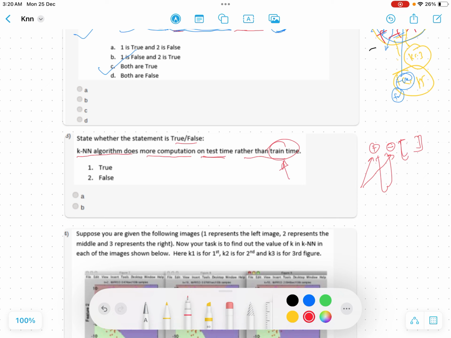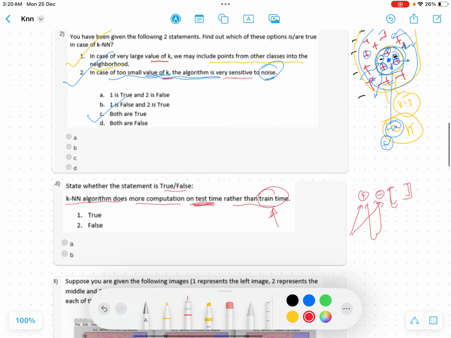And during the test time, what you have to do is calculate the k distances, right? During the test time, you will have to look for the k nearest neighbors, and from those k nearest neighbors, see which class is greater.